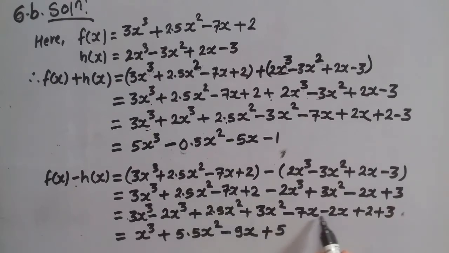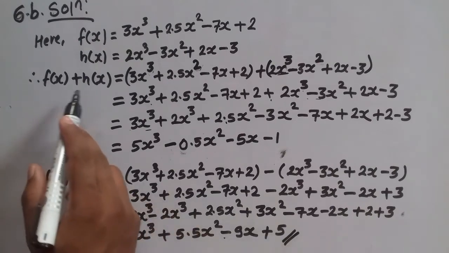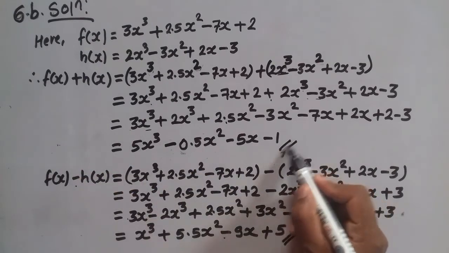Here minus minus is there, so we have to add, and sign is also minus. 7 plus 2 is 9, and minus sign is written, and x is base, so x is written here. Here is plus 2, here is plus 3, and we have to add this, so this is plus 5. So answer of fx minus hx is this much, and fx plus hx is this much.